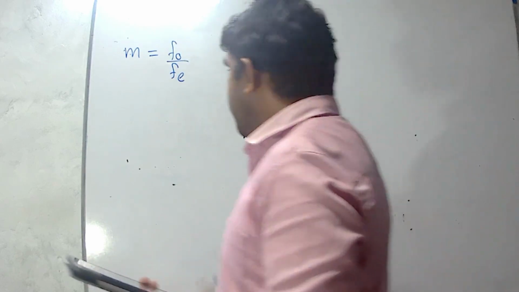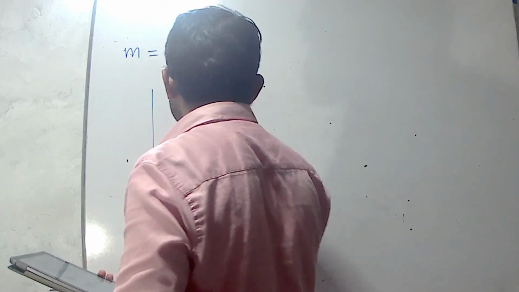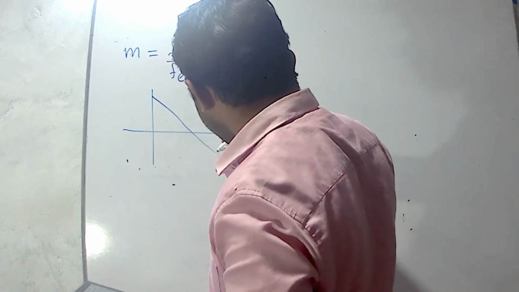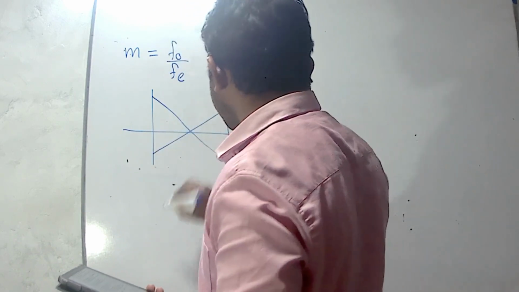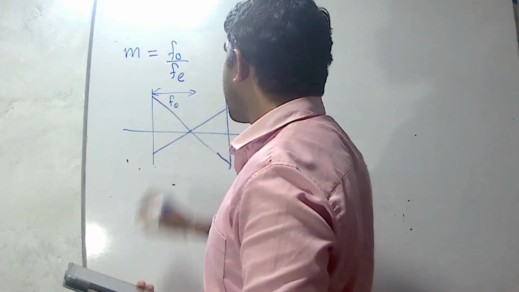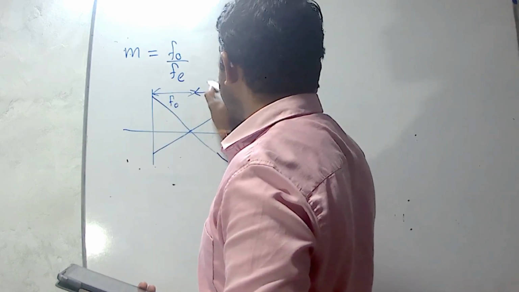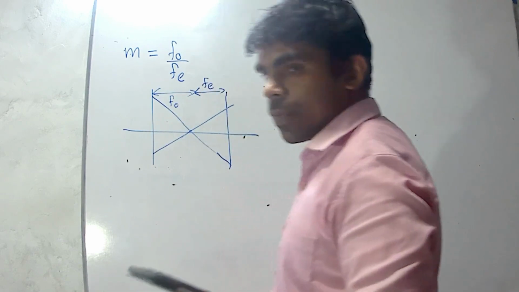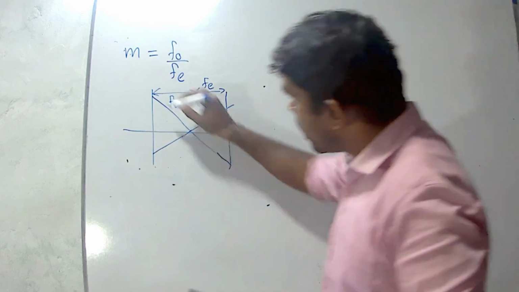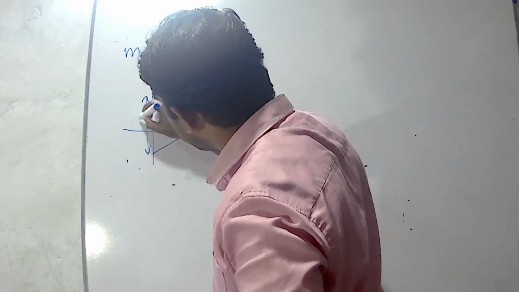And then we can consider equiangular triangles. This length is the focal length of the objective, this length is the focal length of the eyepiece. This diameter is d.